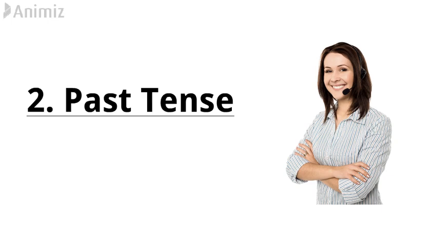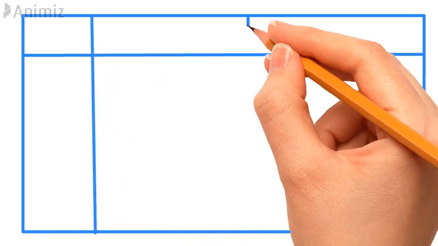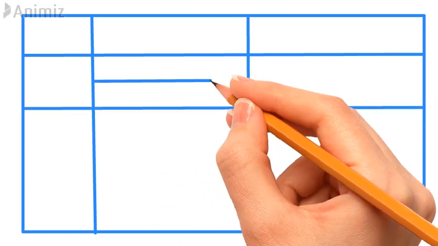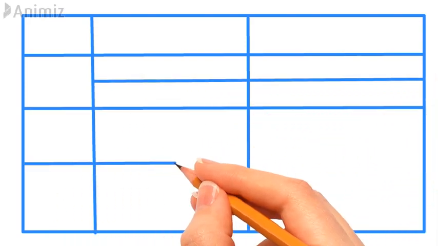Second, we study past tense. Here for the past tense, a table is presented before you. The same table: first we get the tense, the structure of active and passive voice, and the sentence of active and passive voice.